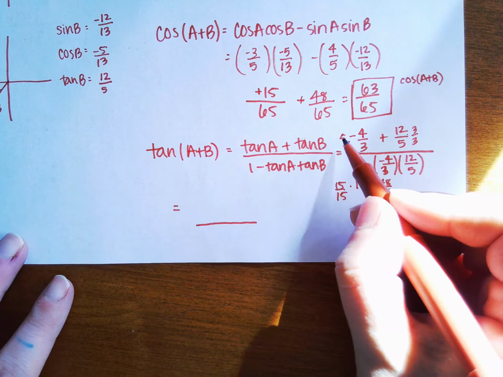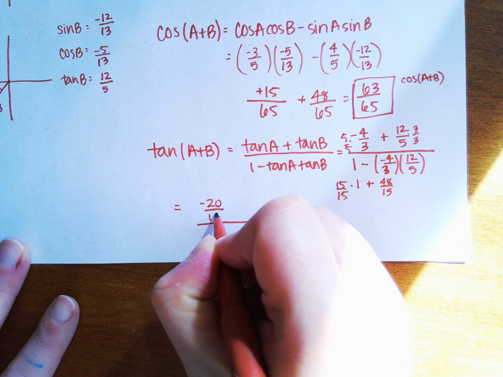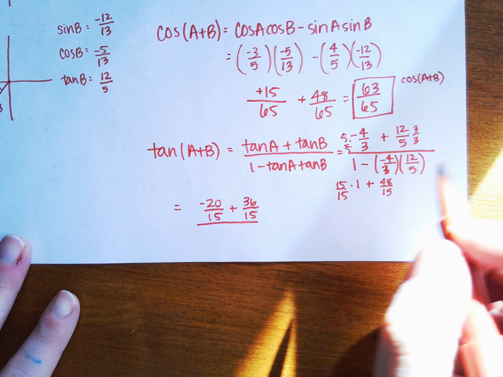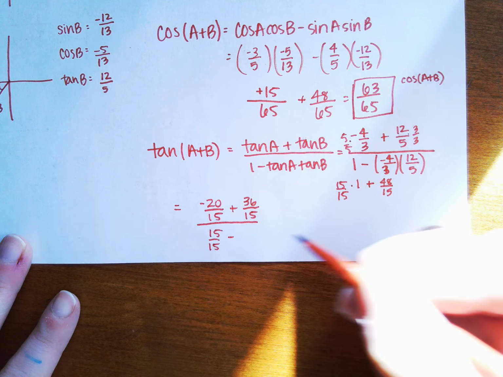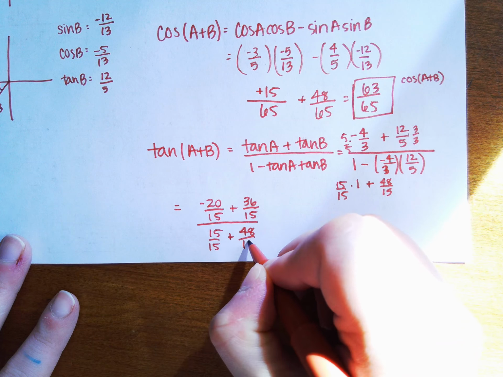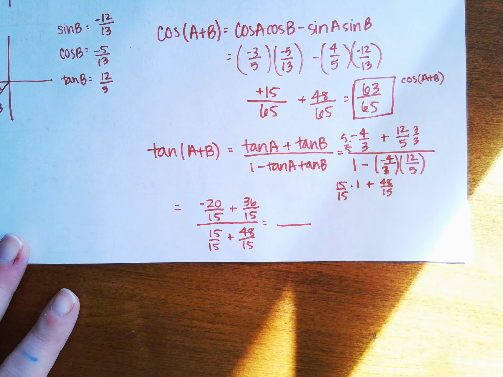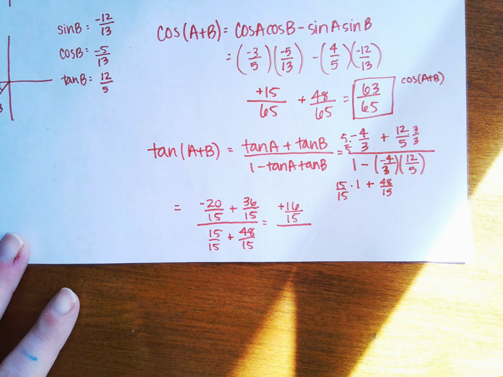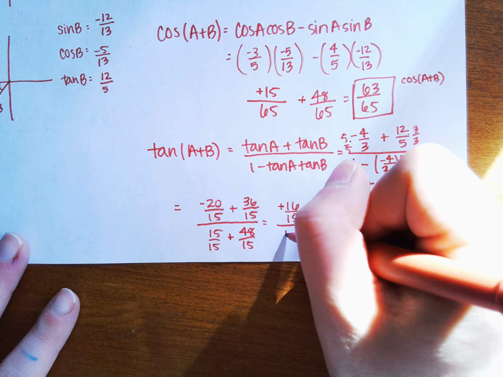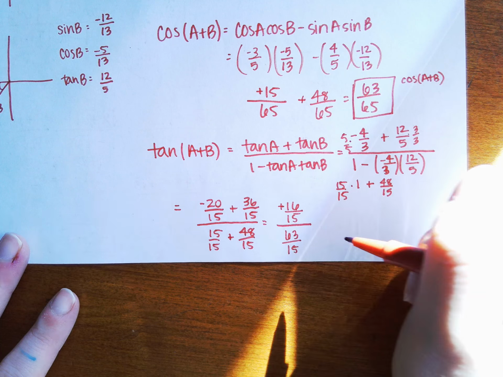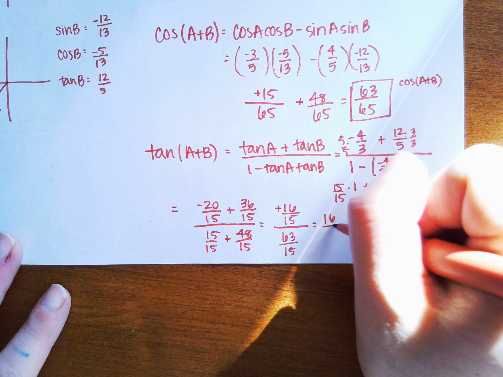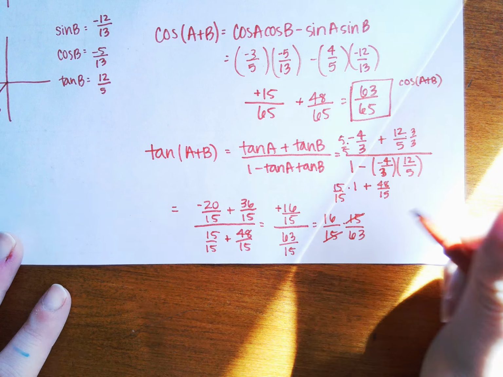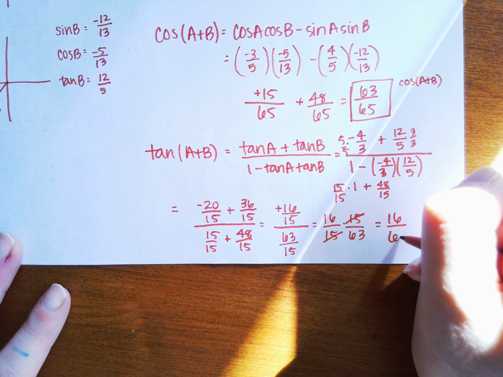Altogether, I'd have negative 20 over 15 plus 36 over 15 on top, and 15 over 15 plus 48 over 15 on the bottom. On top, I get positive 16 over 15, and on the bottom, 63 over 15. Multiplying by the reciprocal, I have 16 over 15 times 15 over 63. My 15s cancel, and I'm left with 16 over 63.